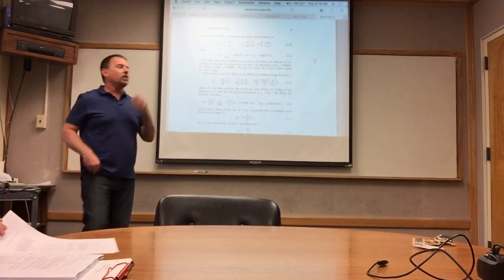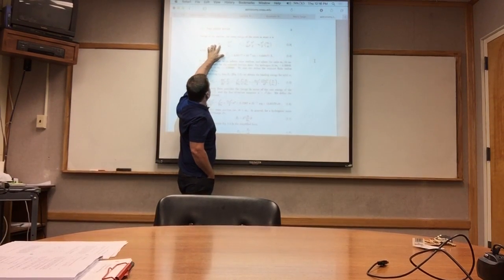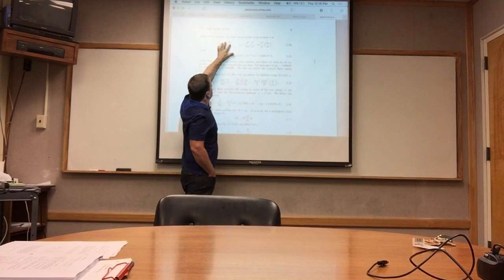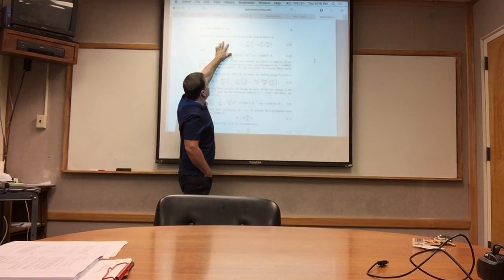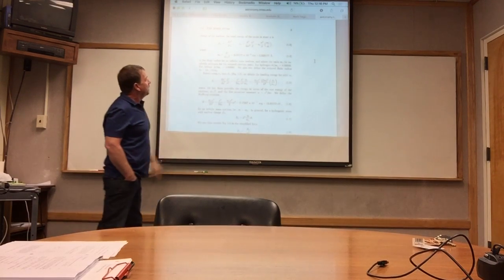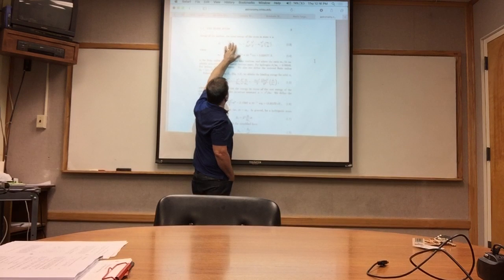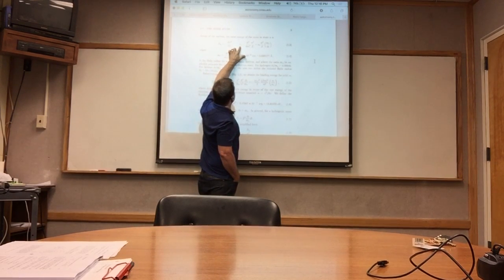When you work out the energies, you get the energy of state n is basically the electron charge squared times the charge of the nucleus divided by 2 times the radius of that state n. You can do some math to determine what the radius is.